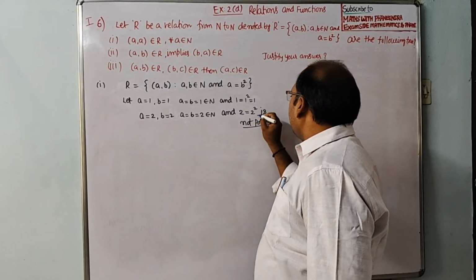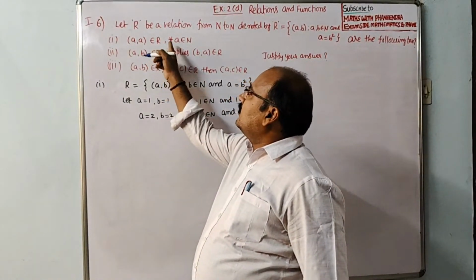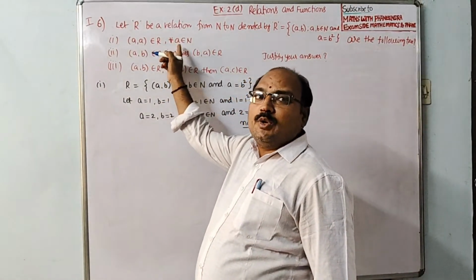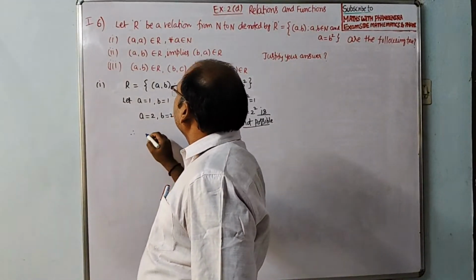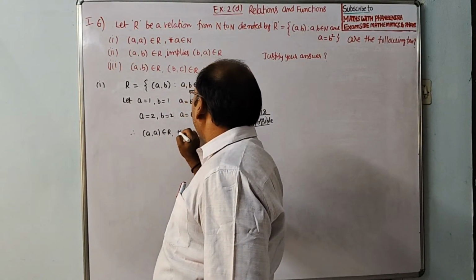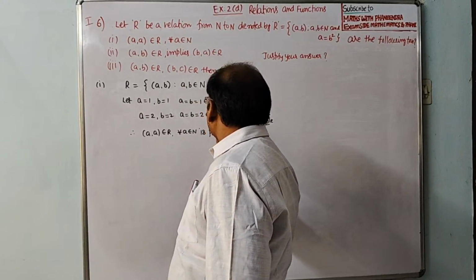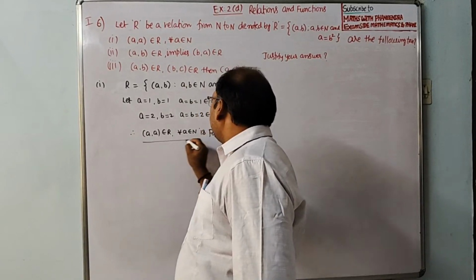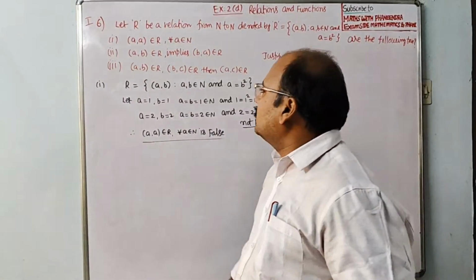Clearly you observe that. So this statement when a belongs to N is false. Therefore, (a, a) belongs to R for all a belongs to N is false. The statement is clearly false.